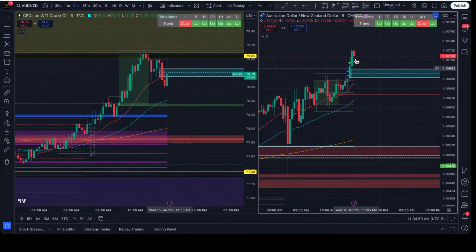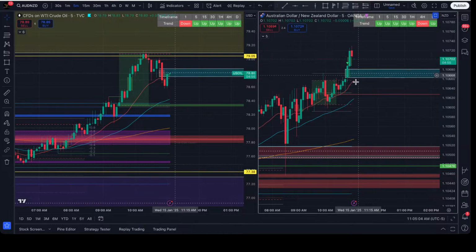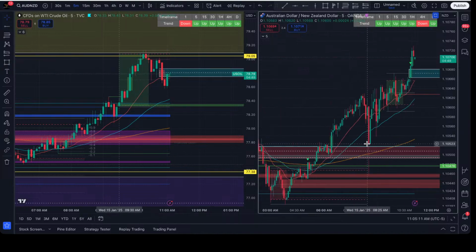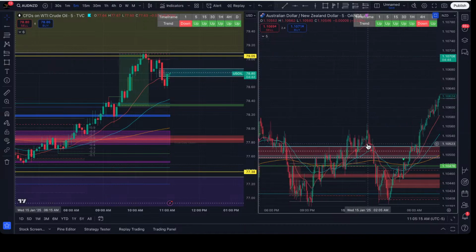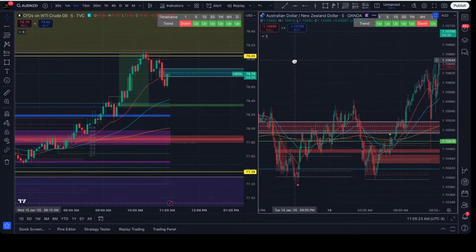So bullish confirmation, we'd like to see it draw back in, touch this 20, tap this fair value gap, and let's see if we get a reaction. So a bit of a contraction.